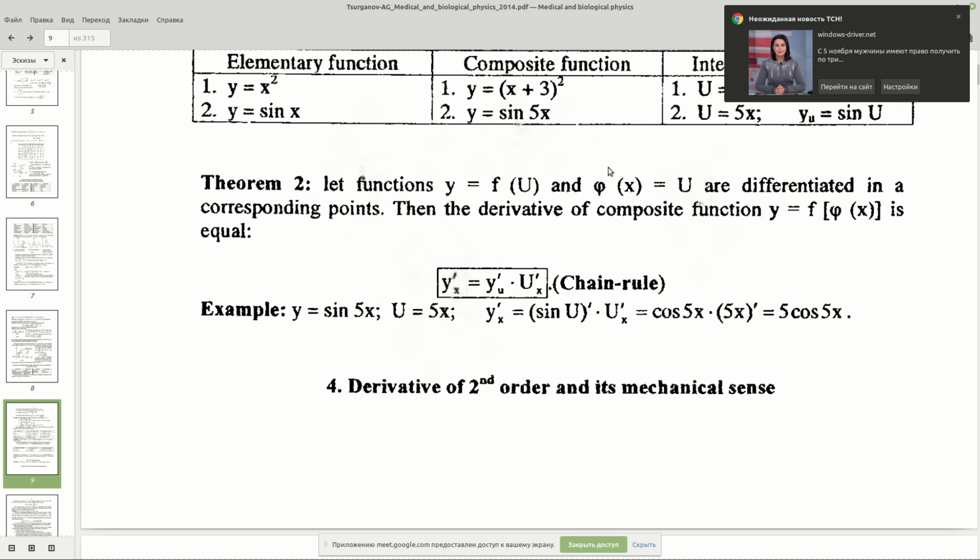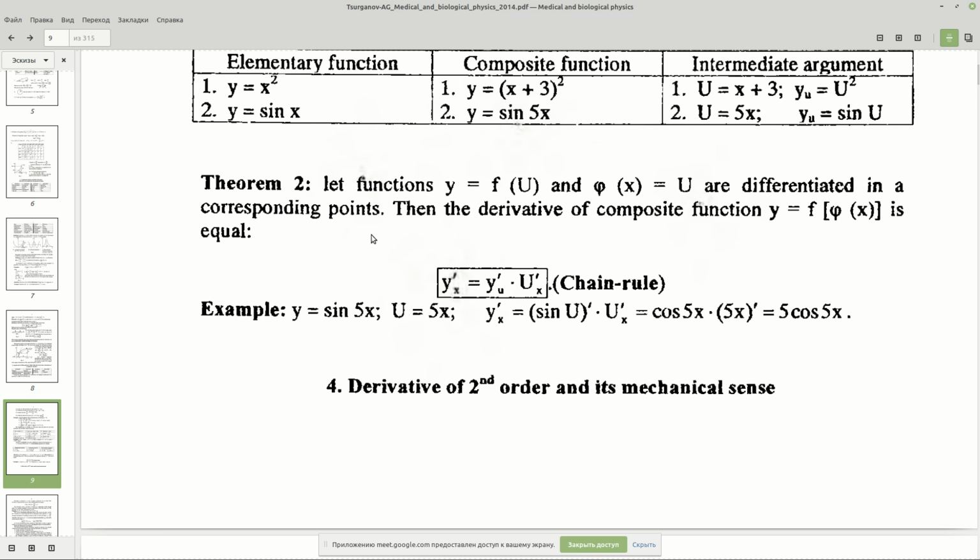The derivative of y with respect to x equals the derivative of y with respect to u multiplied by the derivative of u with respect to x. We call it the chain rule. So we need to take the derivative of the inner function with respect to x and multiply by the derivative of the outer function with respect to u.